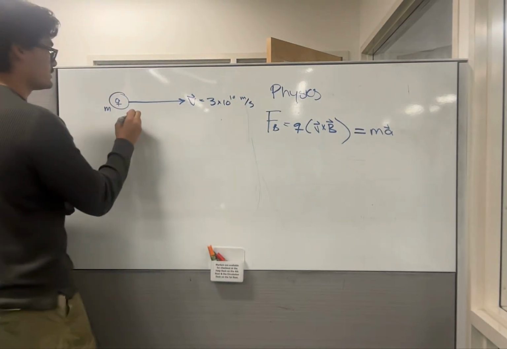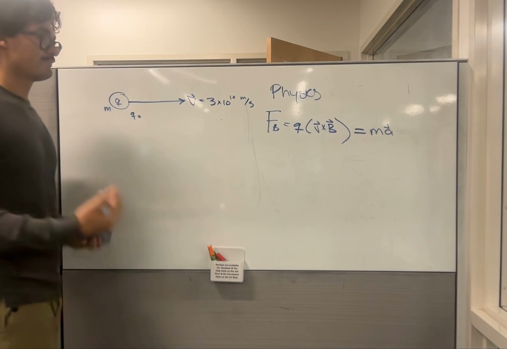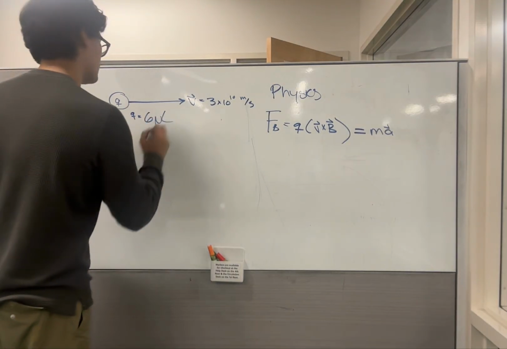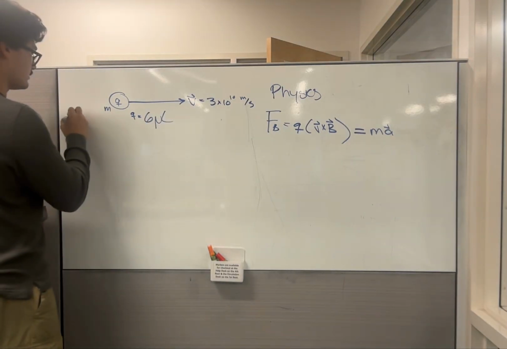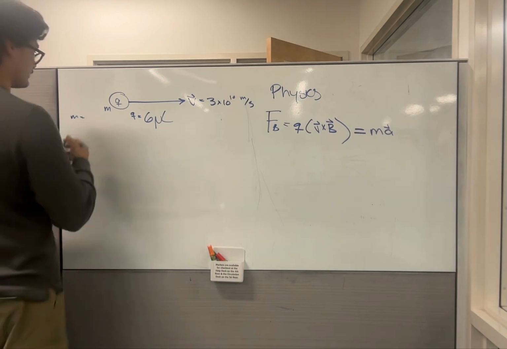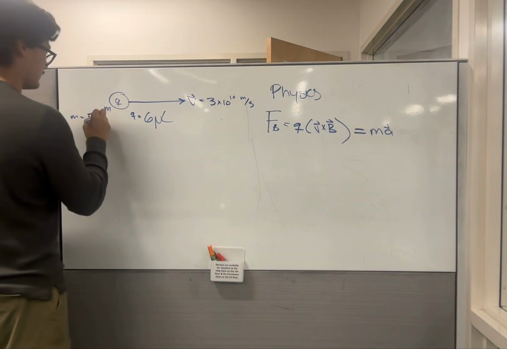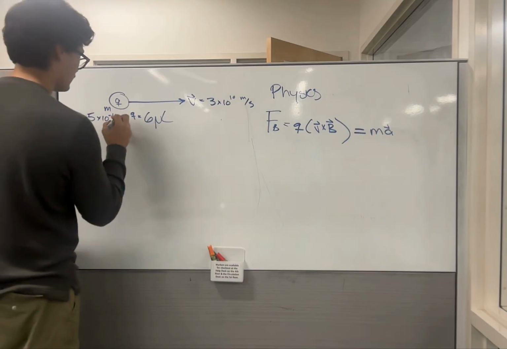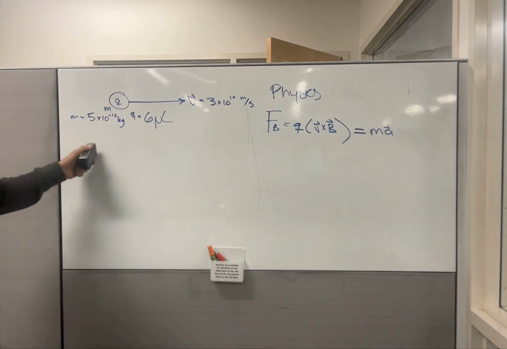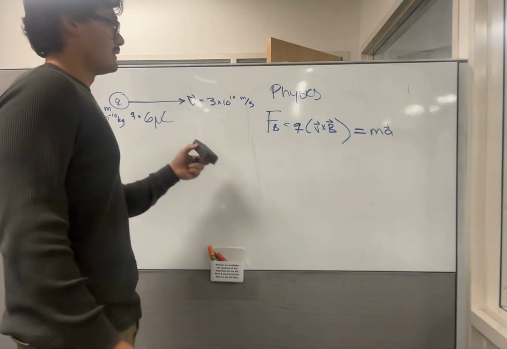The charge is equal to, I don't know, 6 microcoulombs, and then the mass is equal to, I'm just spitballing, 5 times 10 to the negative 10th kilograms. So that's our mass, charge, velocity.